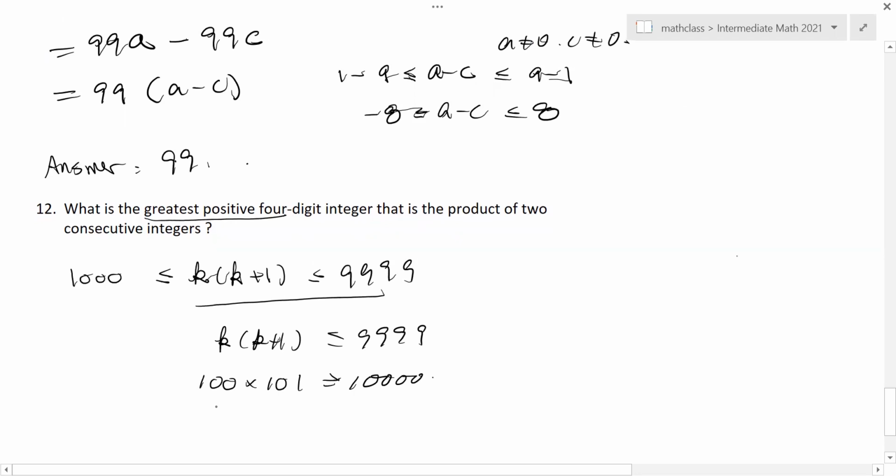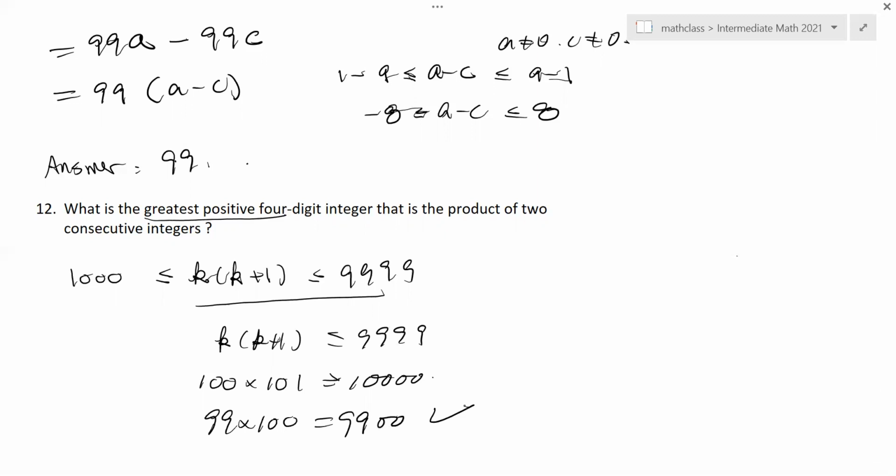So then the next number you can try is 99 times 100, right? Which is going to be 9,900. Okay, and that should be the answer. If this were still greater than 9,999, then you would try 98 times 99.